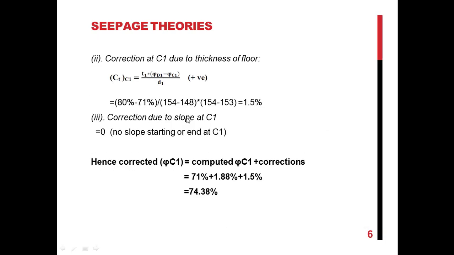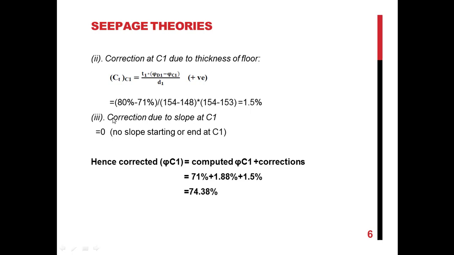Also D1 is equal to 154 minus 148. 154 is the reduced level of the top of sheet pile number 1 and 148 is the reduced level of the bottom. So subtracting 154 minus 148 will give you the total depth of sheet pile number 1, and subtracting 154 minus 153, the reduced level of the top and reduced level of the bottom of the floor, will give you the total thickness of the floor. So total correction due to thickness of the floor is equal to 1.5%.